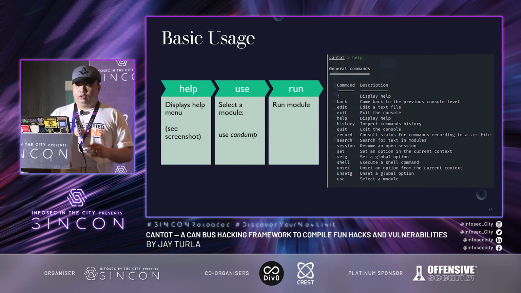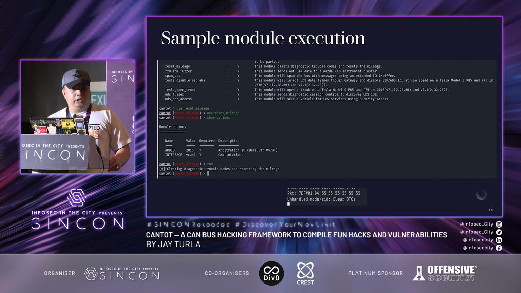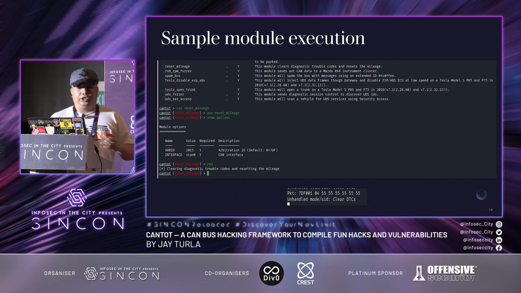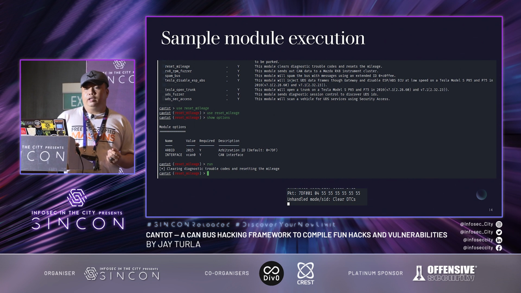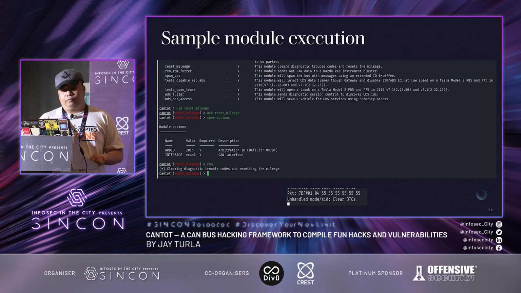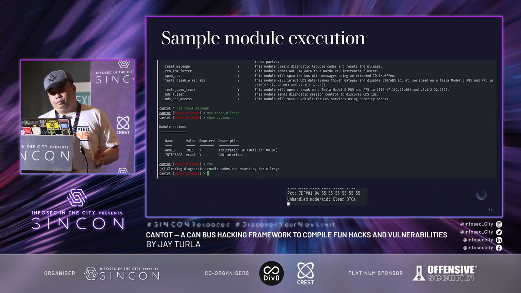So this is the sample module execution, wherein you just use reset_mileage, and then you can set your options by using show options, and then you type the option and the value of the option.